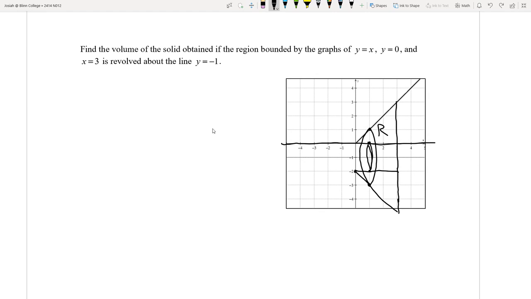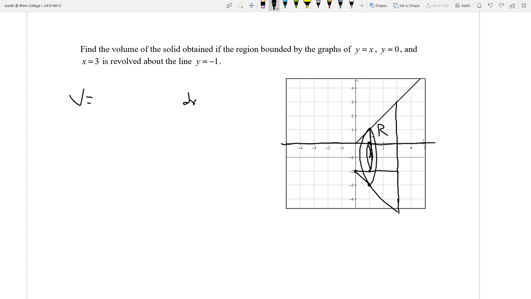And so when we go to integrate, first off, since we are doing this about a horizontal line, we are going to keep things in terms of x, right? The outer radius is still going to be our function height, but we have this extra little space, right? If we just take our function value, it's only going to give us the space between the axis and the function itself.